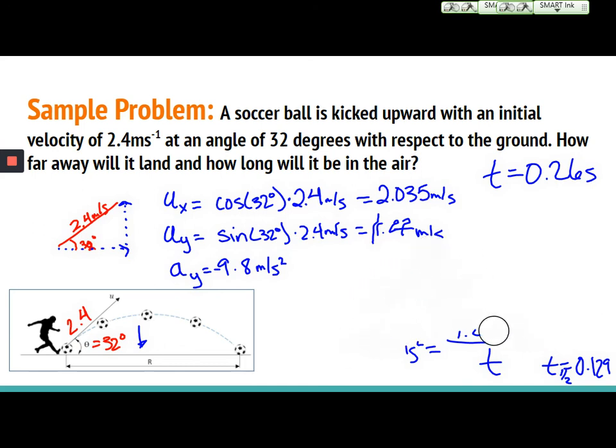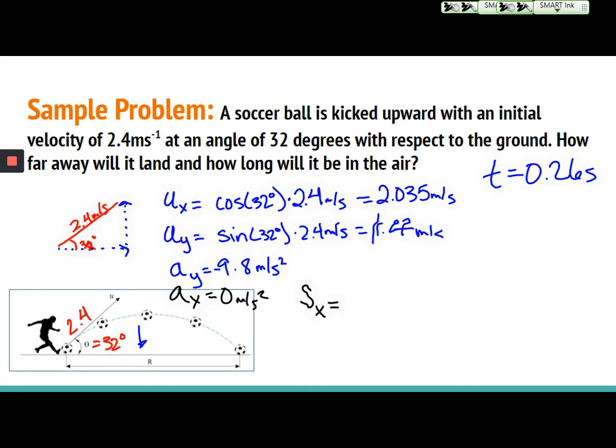And so you can use that time to figure out how far it goes to the side. So we're going to go distance in the x. Again, there is no acceleration in the x, so a of x is 0. So all I need to do is the initial velocity multiplied by t, or 2.035 meters per second multiplied by 0.26 seconds.